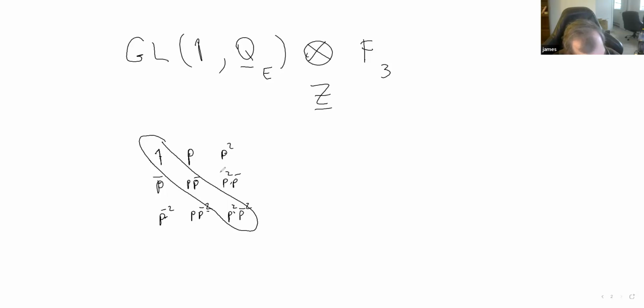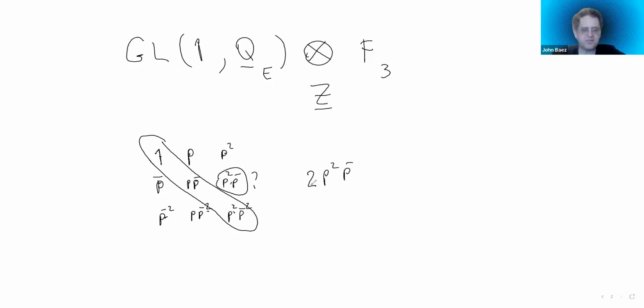Is that what you're saying? Let's see. So what does that mean? Like this one over here, P squared. So negative of that would be 2 times that. Well, but you shouldn't say 2 times it. Right, so that really means that it's squared.